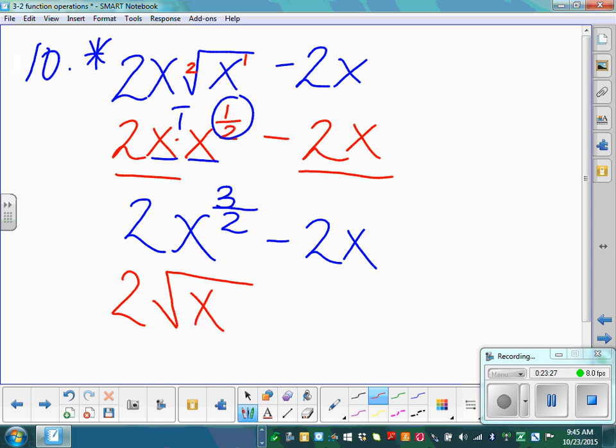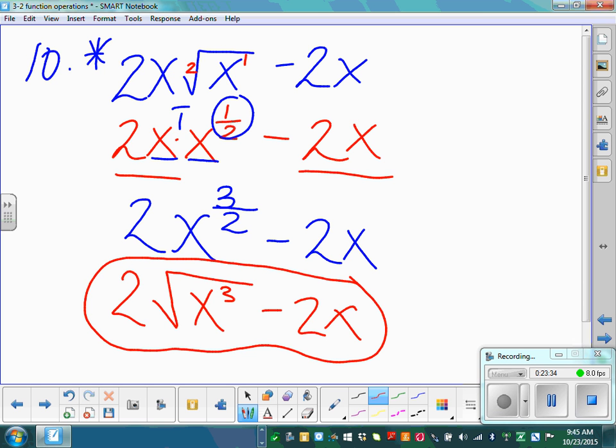Square root of x to the third minus 2x. This would be considered the most simplified answer. Interesting, right? So you actually can combine those. I just wanted a side note of that. Does everybody see how to do that? I might require that on the test. Okay, awesome. You're all awesome. We'll stop there on the worksheet. We'll finish up the last of that next time.